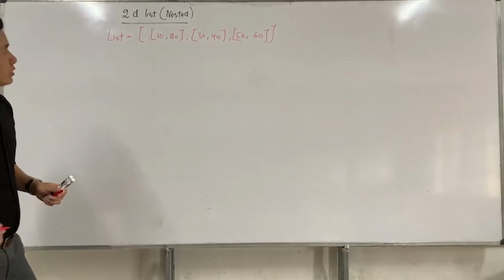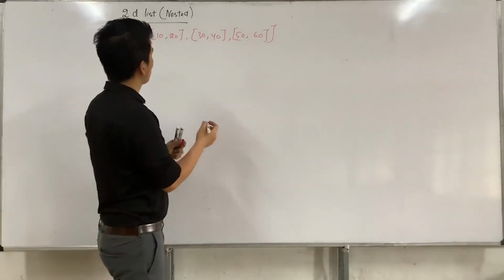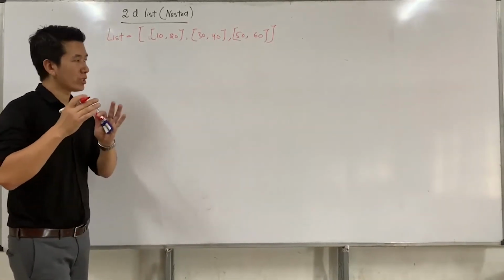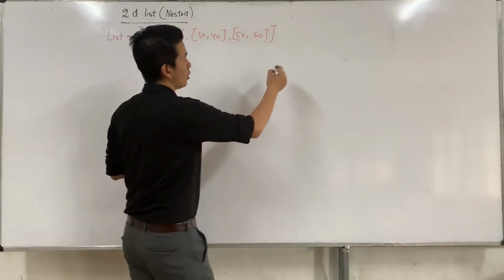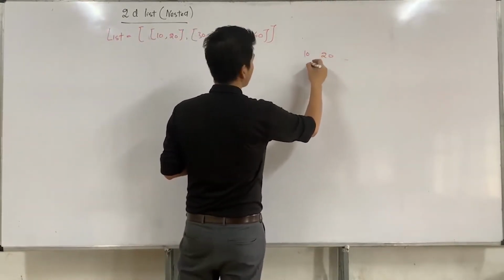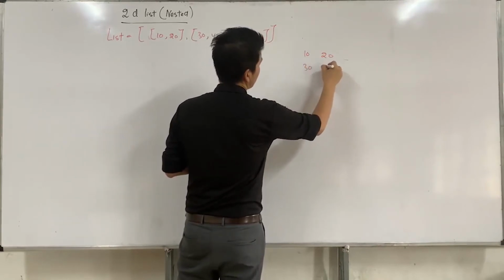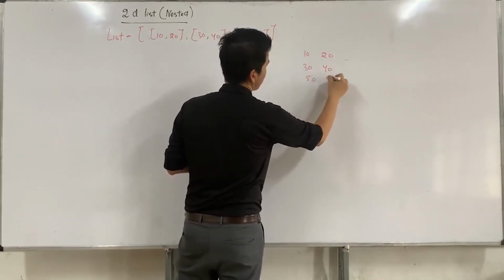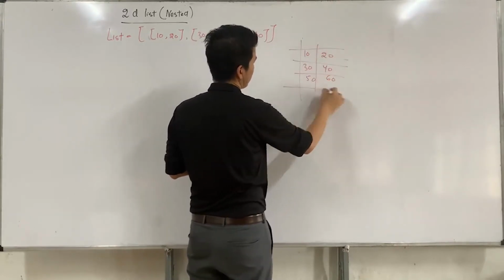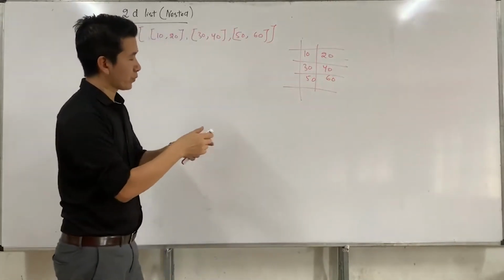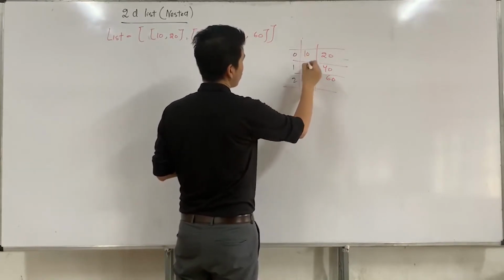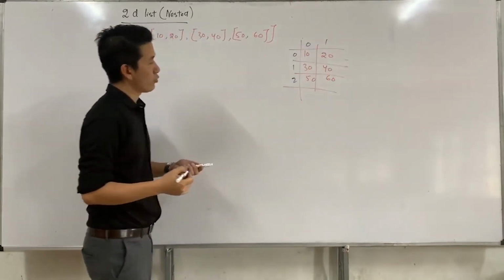So this is the 2D list which we would like to transpose. Transpose means changing rows to columns and columns to rows. So if I visualize this in the form of a matrix, 10 20, 30 40, 50 60, you'll have the row numbers as 0, 1 and 2, and column numbers as 0 and 1.